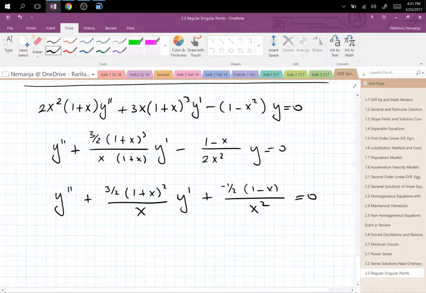So all of that stuff cancels, right? And we see what we have here. Now remember, we are dealing with the singular point at x equals 0, which will just leave us with the numbers 3/2 and 1, and -1 over 2. So what do I have as a little P0?